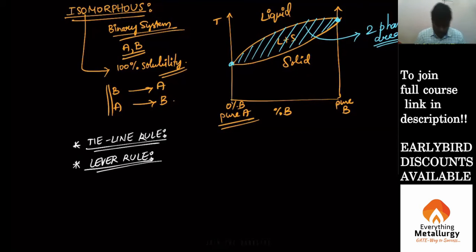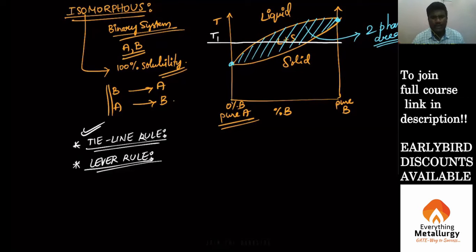These are the two rules, and I'll briefly explain each. First, the tie line. At a certain temperature, for example T1, I draw a line parallel to my x-axis.